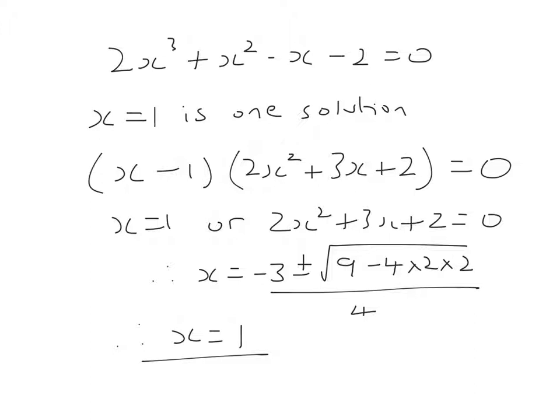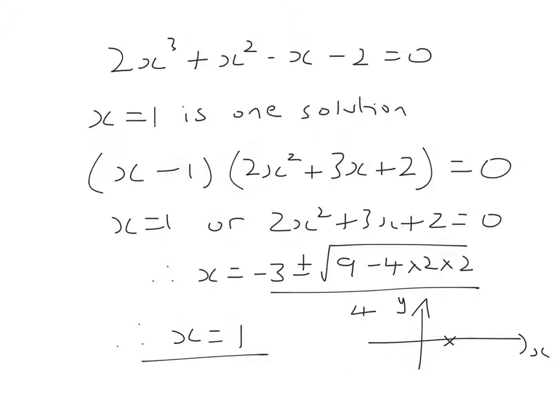If we're asked to sketch this graph, I know that x equals 1 is one solution, that's x, there's y. I know that the graph doesn't cross the x-axis at any other point, it's a positive x cubed graph, so it generally does this, but it doesn't cross the x-axis here, so it just goes down like this.